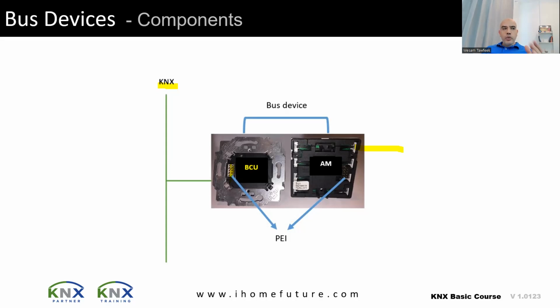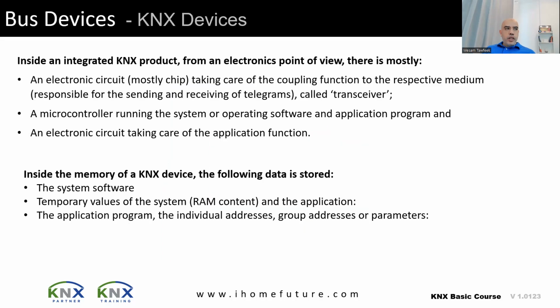However, the BCU is the one responsible for most of the logic of the KNX part. If we take the BCU and talk more about its functions, it has a coupling function called the transceiver. The transceiver's function is to take telegrams or traffic from the KNX side and give it to the application module, and vice versa.